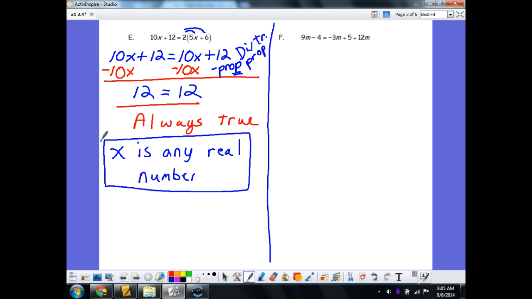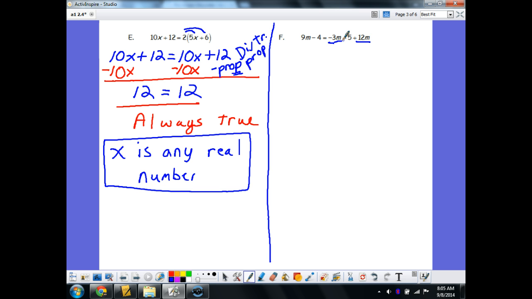All right, so in the next one, the first thing we need to do is combine like terms. We need to combine the negative 3m and the 12m on the right side. Notice the difference between this one and the previous examples: we are not yet moving a variable term to the other side. Both the 3m and the 12m are on the same side of the equal sign, so you combine them just the way they are.